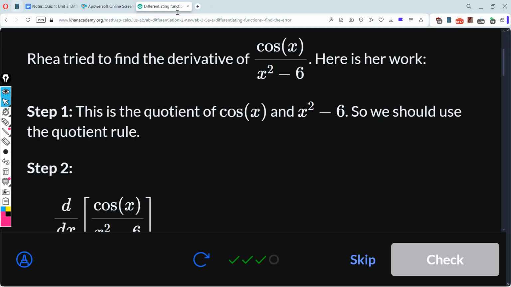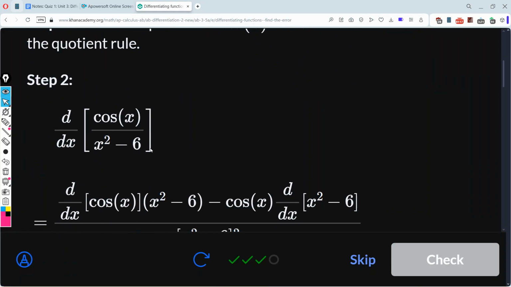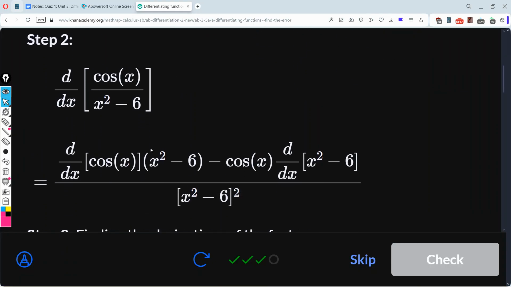All right, one more. Rhea tried to find the derivative of cosine of x divided by x squared minus 6. Step 1, this is the quotient, so we should use the quotient rule. Yes, that is correct. All right. And step 2, she's taking the derivative of the original.